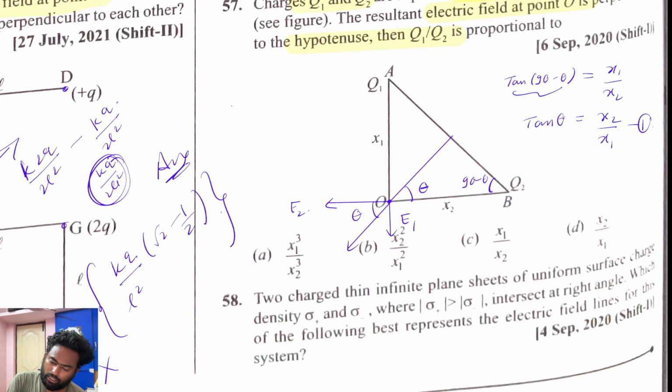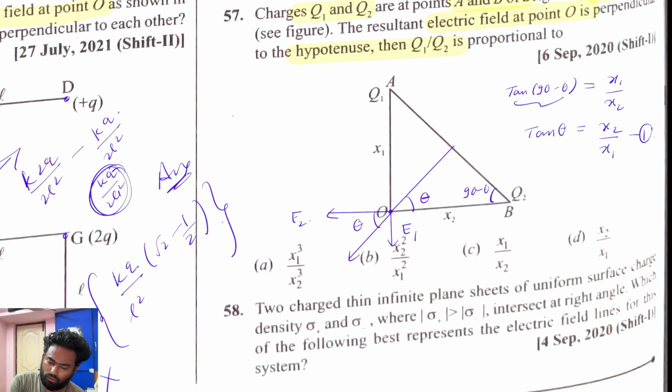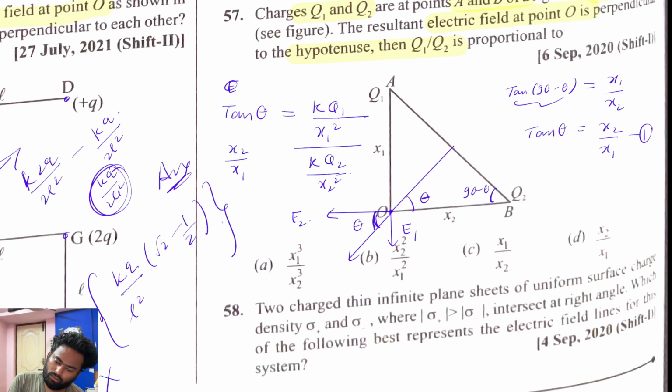Now, from the electric field magnitudes, we can define tan theta. So tan theta will be E1 by E2. E1 is k Q1 by x1 square upon E2, k Q2 by x2 square, and tan theta is x2 by x1.